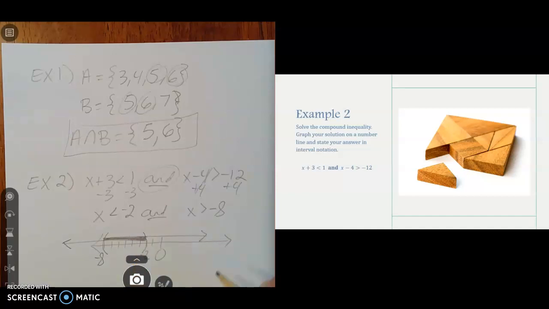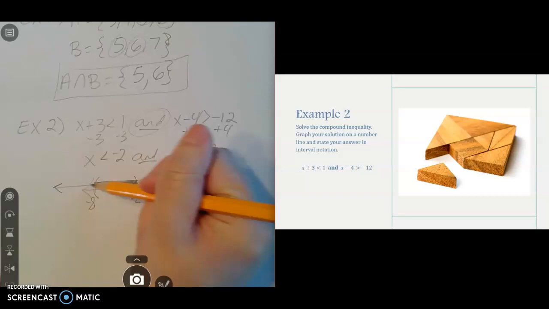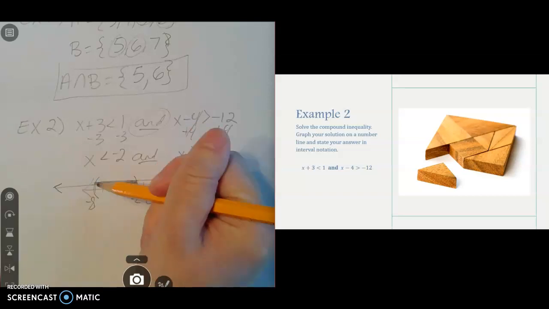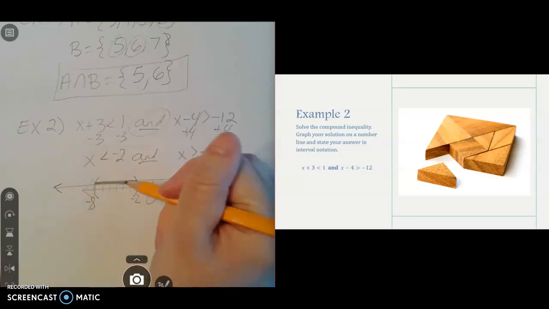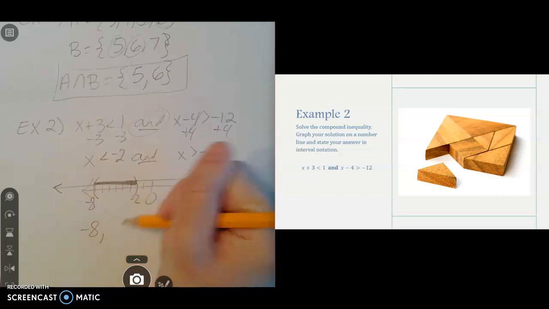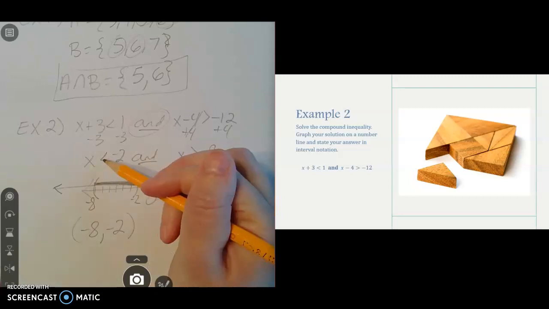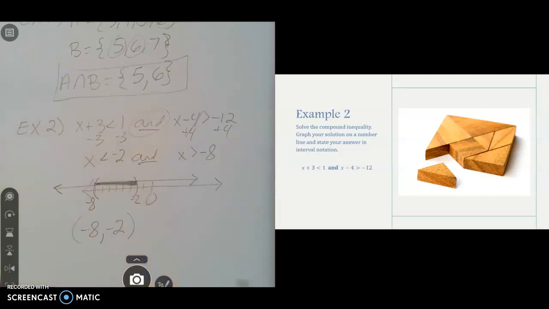And I can write that in interval notation. In interval notation, this intersection area starts at negative 8 on the left side and ends at negative 2 on the right side. We'll have parentheses on both just because we had a less than and a greater than. There were no "or equal to" symbols in there. So that's the interval notation for that intersection.